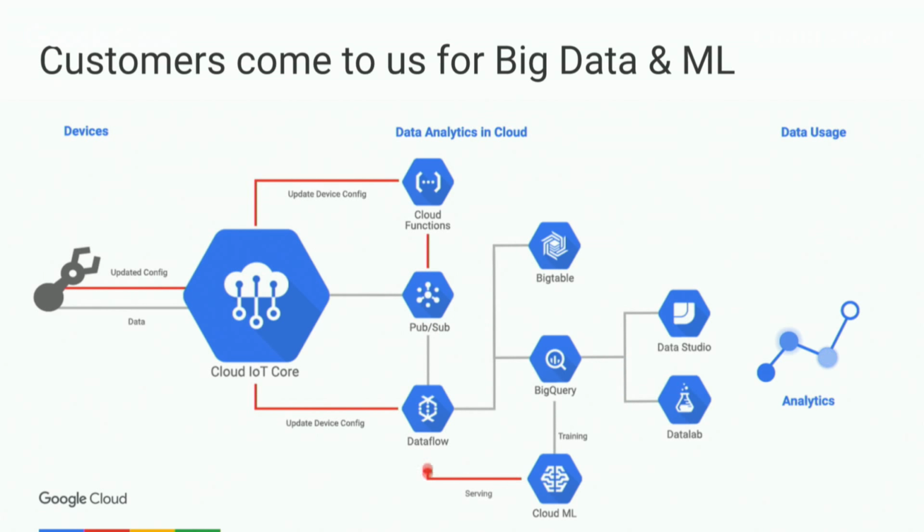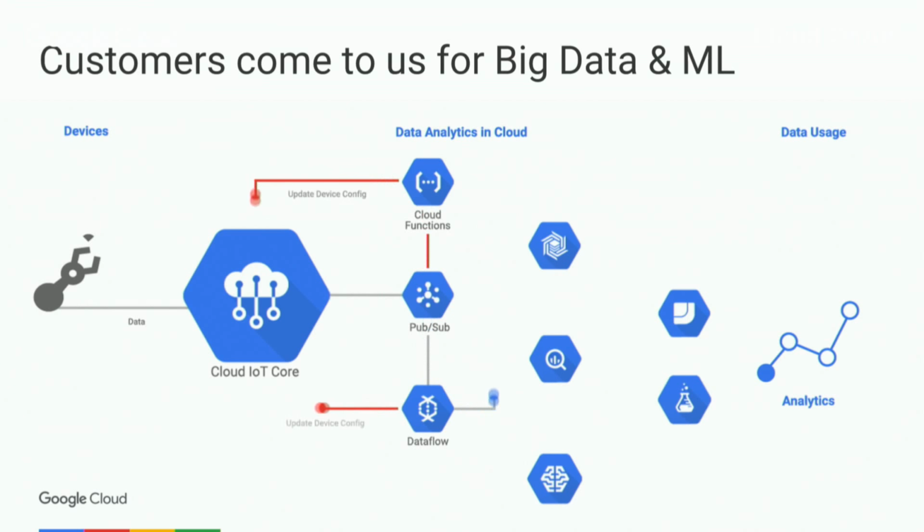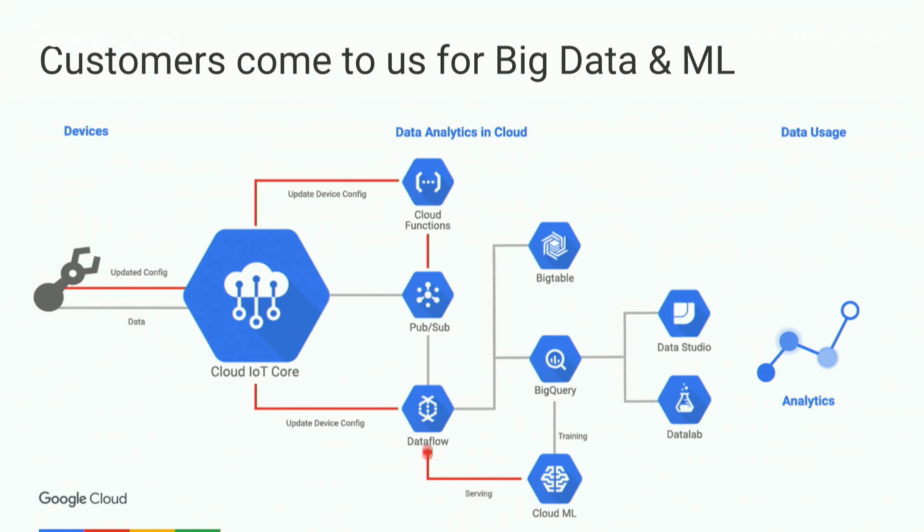On the top there, you have Cloud Functions. So Cloud Functions gives you serverless computing. So with very small little pieces of code, typically 1 or 2 pages of code, you can subscribe to these packets in PubSub, all the data coming from your IoT devices, and you can programmatically investigate and look at the data.